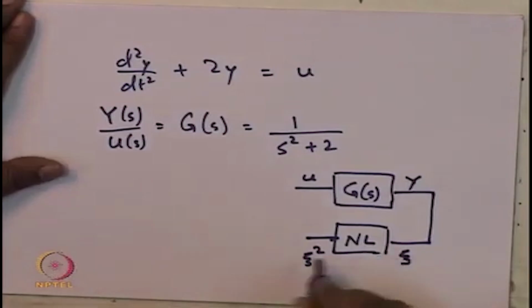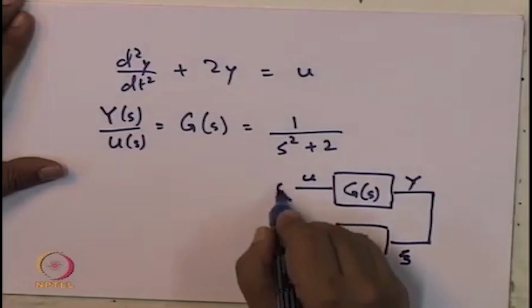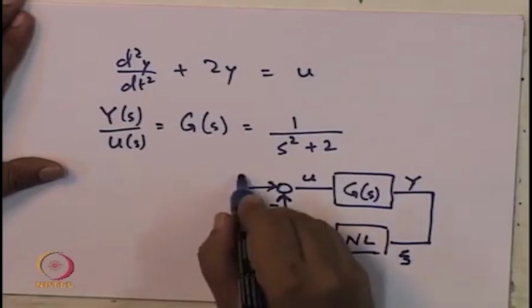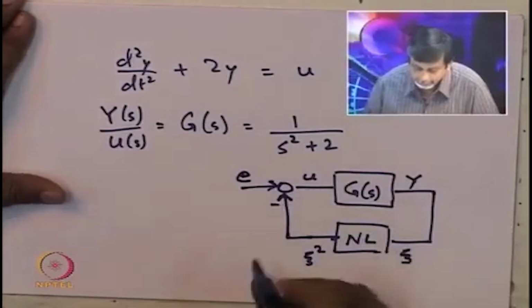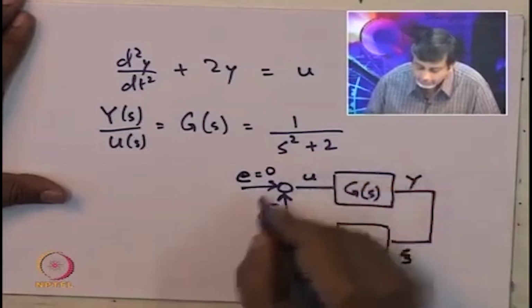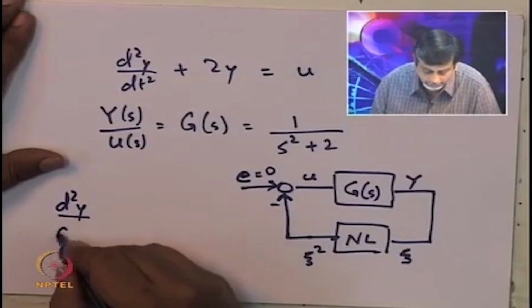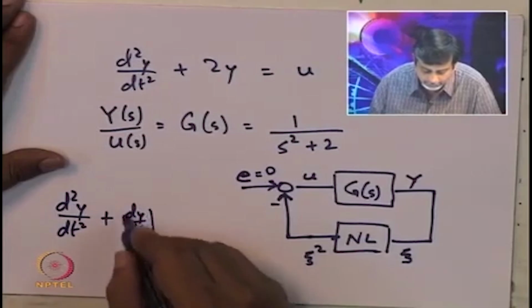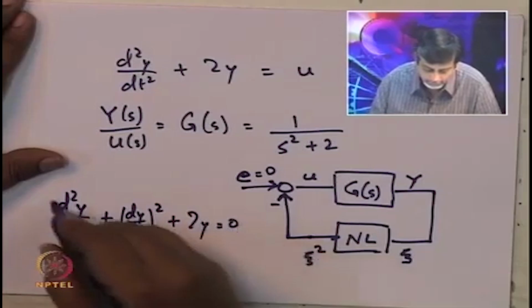Okay. Now, in this case, if we now feed back this thing with a negative feedback, then if this E, which is the input of this feedback loop, is set to 0, then what we would be looking at is exactly the original equation that we had, which is d2y dt squared plus (dy/dt), the whole thing squared, plus 2y equal to 0.